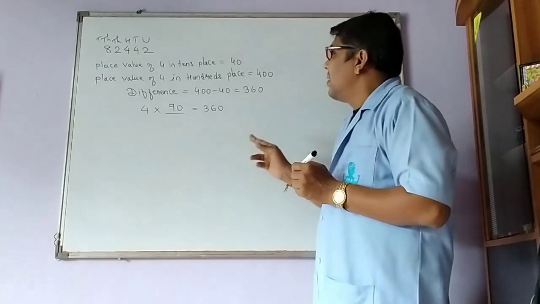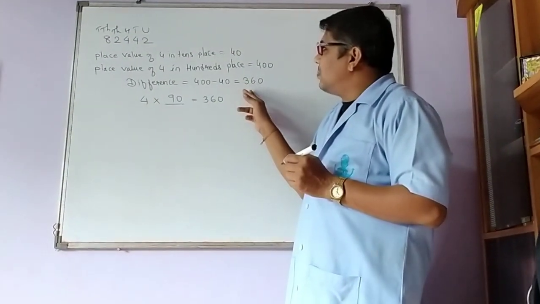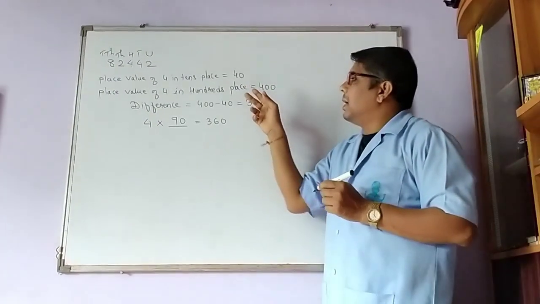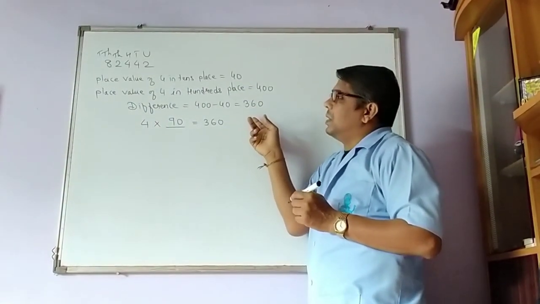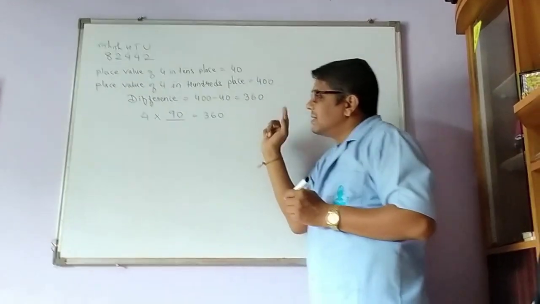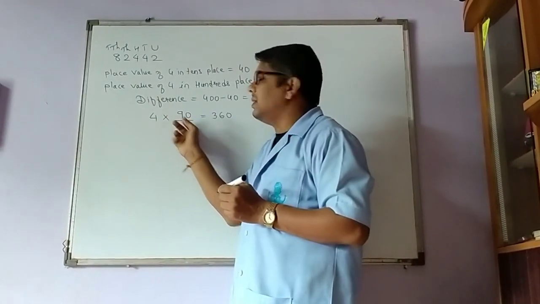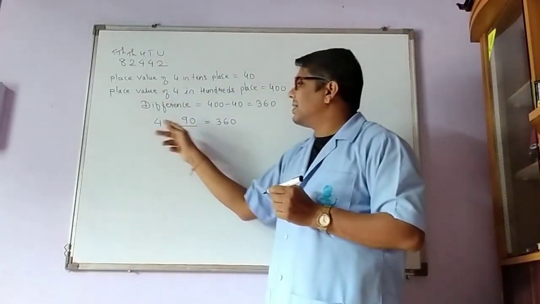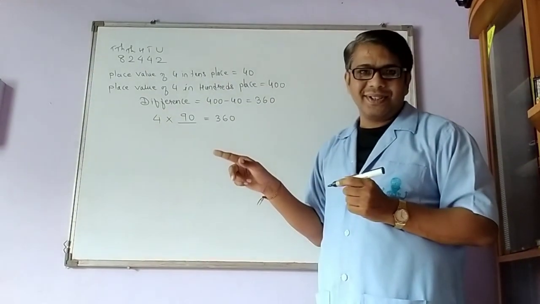Means the difference of the place values of the digits in the tens place and hundreds place is 90 times the digit. Here it is how much? 90 times. Do you get it?